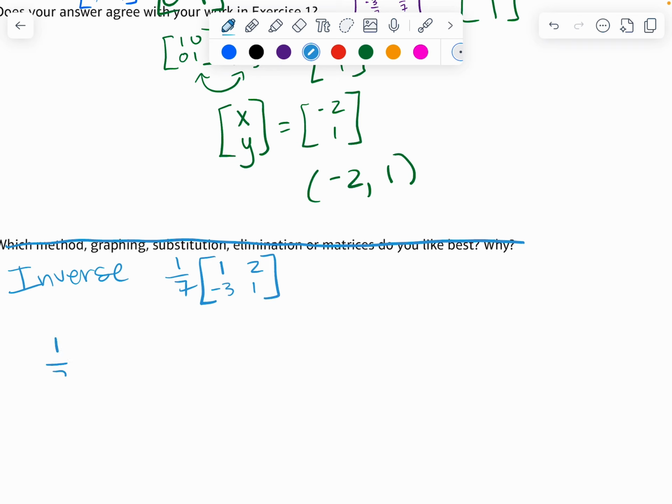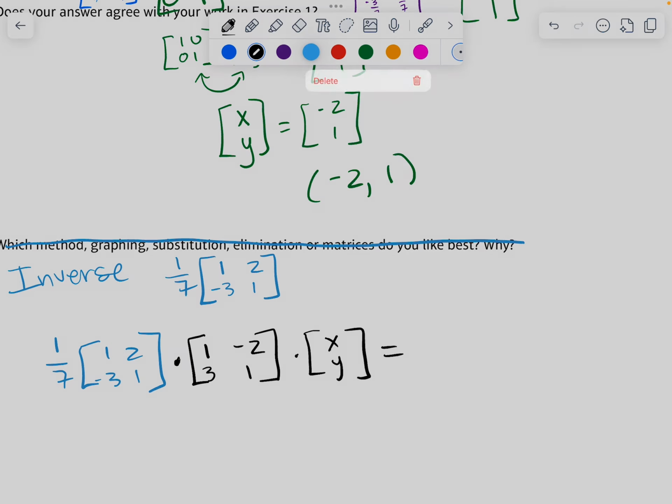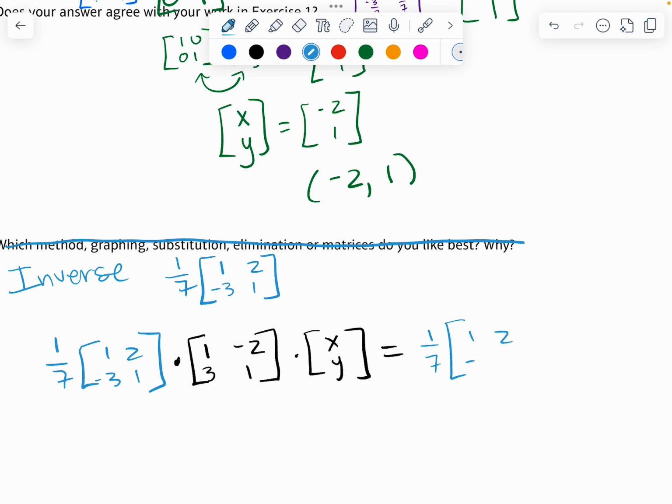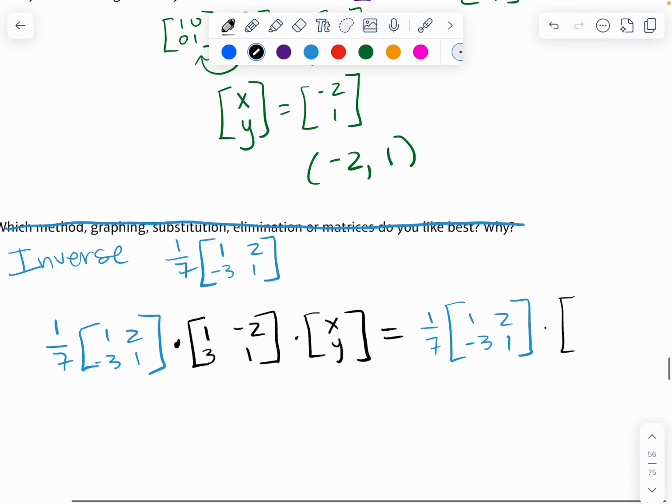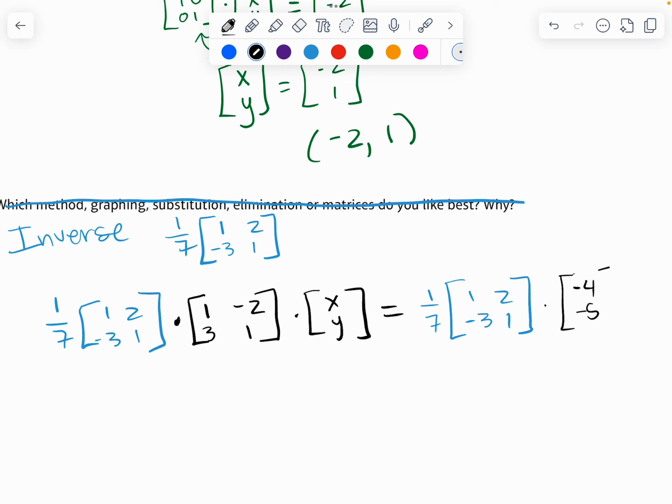So if I took that, 1, 2, negative 3, 1, and I multiplied it by the initial 1, 2, negative 3, 1, and I forgot what it equaled. Negative 4, negative 5. Okay.